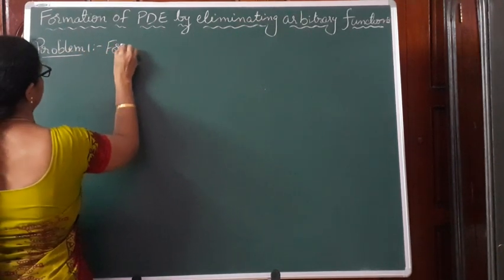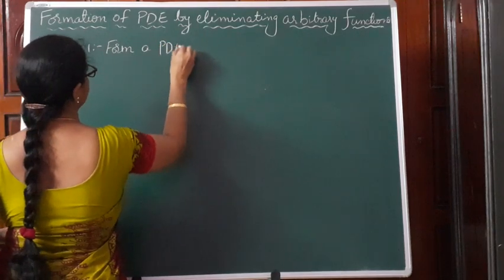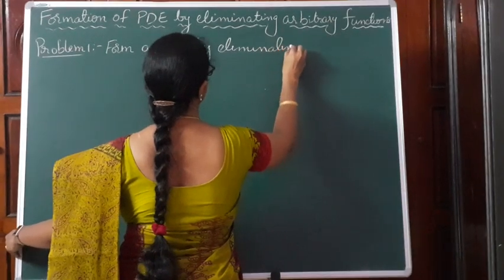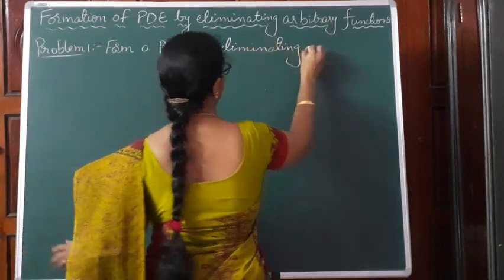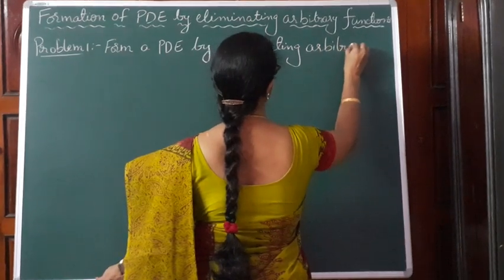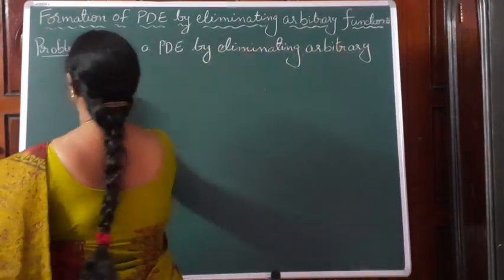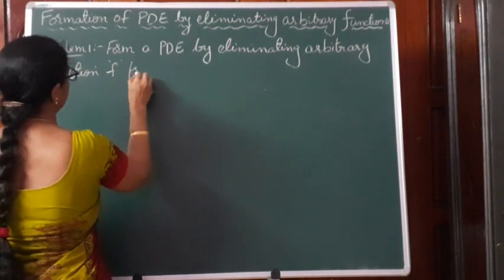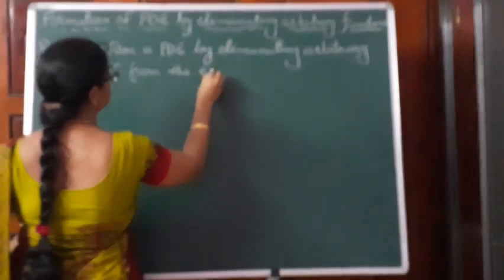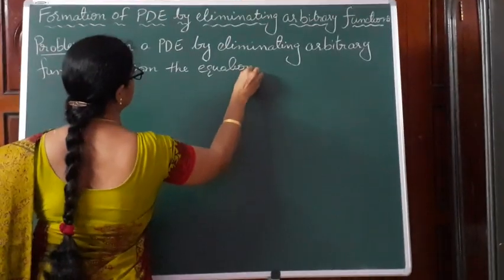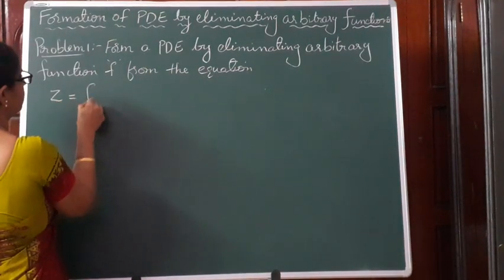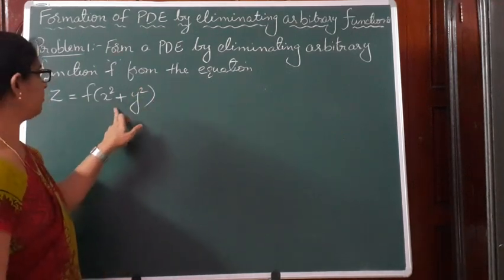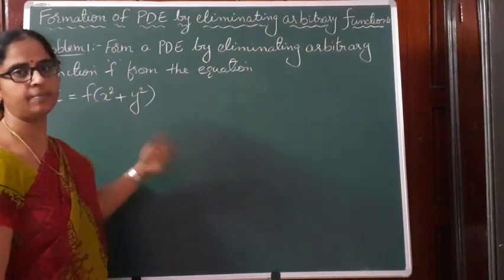Form a partial differential equation by eliminating the arbitrary function f from the equation z is equal to f of x square plus y square. That is, z is a function of x square plus y square, where f is an arbitrary function.